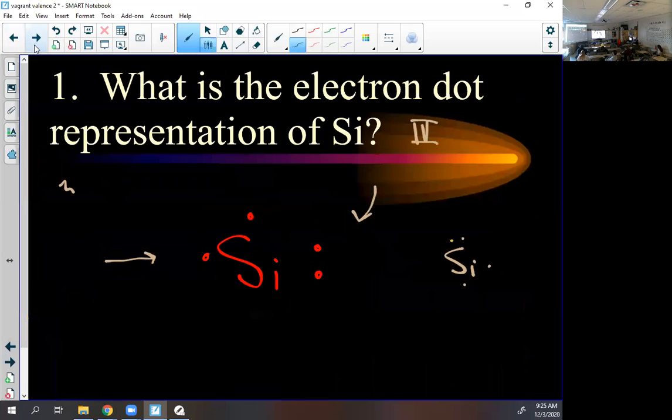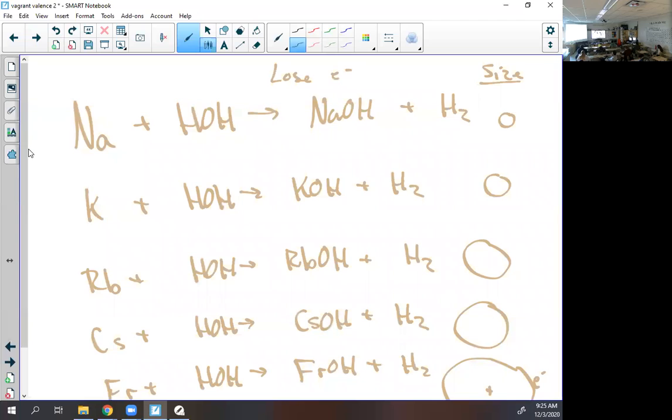So when we did this the first day, I put sodium in water and it fizzed. Do you remember that? That sizzle sound was when the hydrogen was produced, and the water went pink because I produced a hydroxide. When I put potassium in water, the reaction is exactly the same, except I have a K instead of an Na.